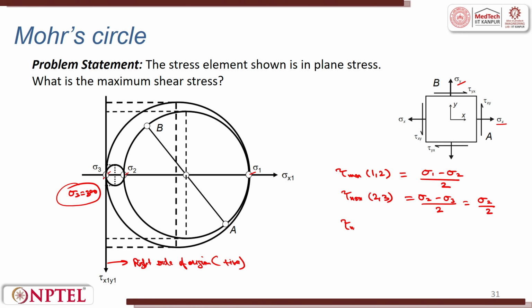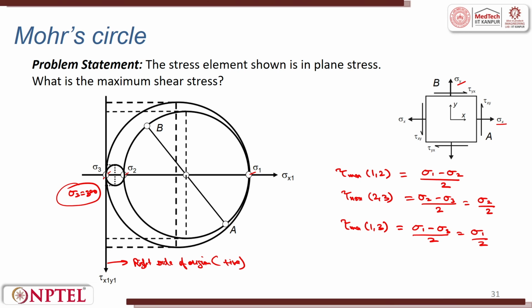Similarly, the shear stress for the larger circle, that is for 1 and 3, is equal to sigma 1 minus sigma 3 by 2. This is again sigma 1 by 2. And what is the overall maximum tau?